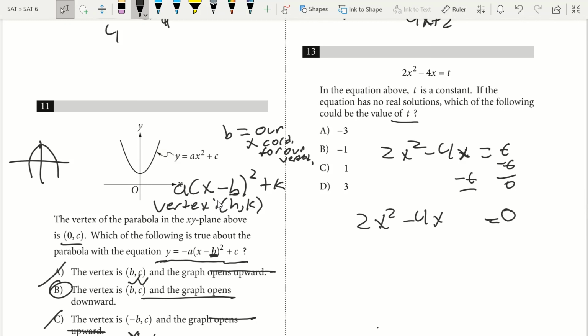And then we're going to use b squared minus 4ac, which is our discriminant, to find out what value of t gives us no real solutions of all of our options here. So if b squared minus 4ac is less than 0, then there are no real solutions.